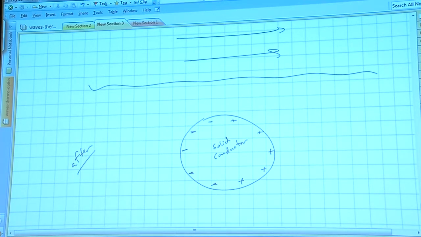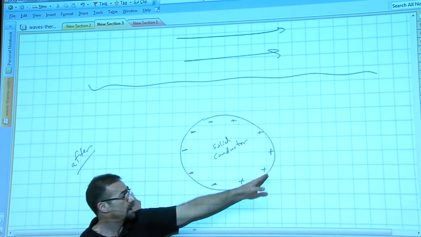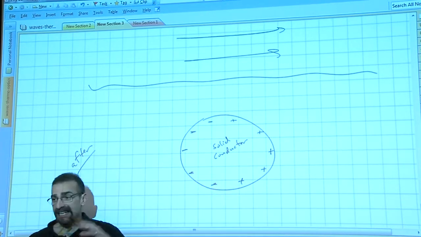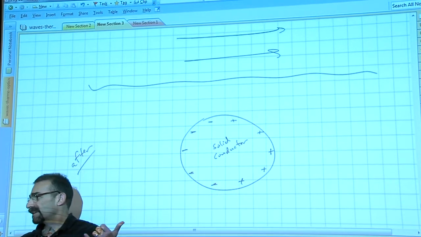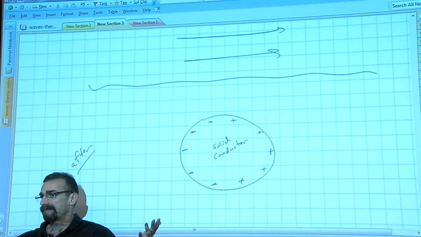Then the next electron says, wait a minute, the external electric field is pushing me to the left, but the internal field caused by these electrons and positive charges that have separated out is pushing me to the right, and it's exactly equal and opposite to the external field, so I'm not moving. I'm just going to stay where I am.